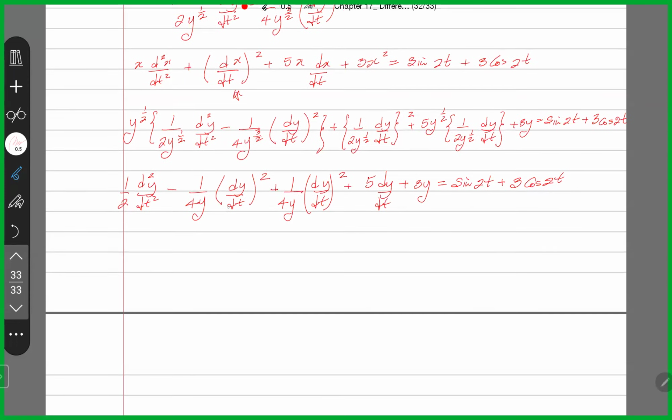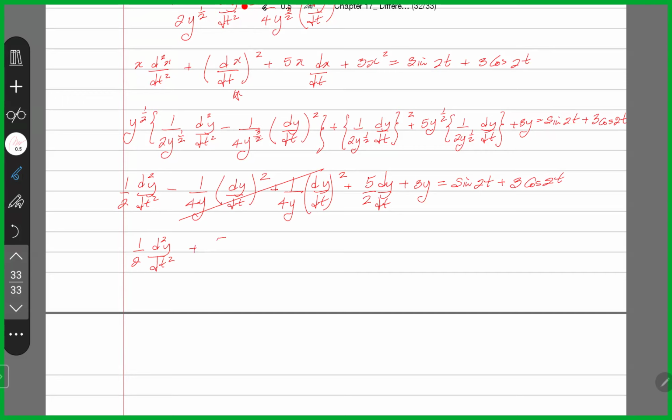All right, so this goes and we end up with what? 1 over 2 d2y by dt squared. This should be a 5 over 2. So now we have what?